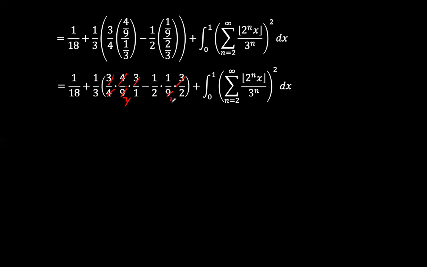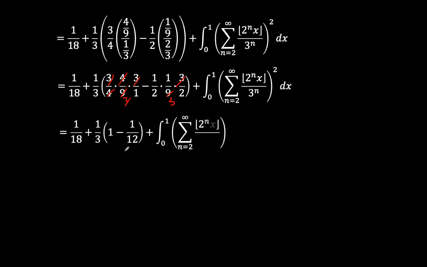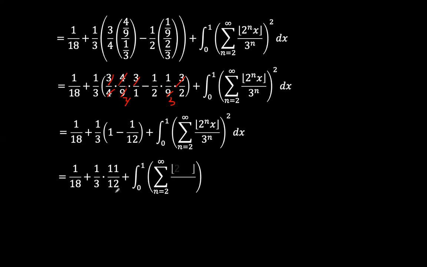So we have 2 times 3 times 2, which is 1 minus 1 over 12, because 3 times 4 is that. So we have 1 over 18 plus 1 over 3 times 1 minus 1 over 12, which becomes now 1 over 18 plus a third times 11 over 12. So we finish the first two integrals.